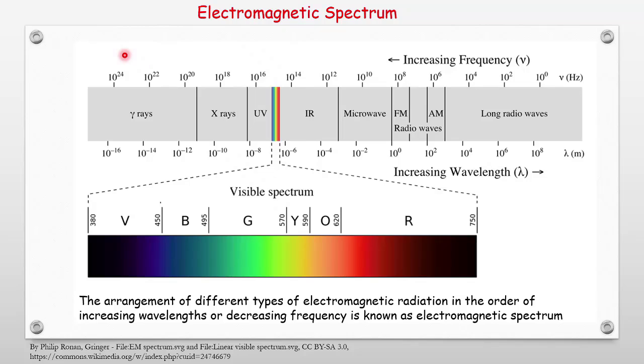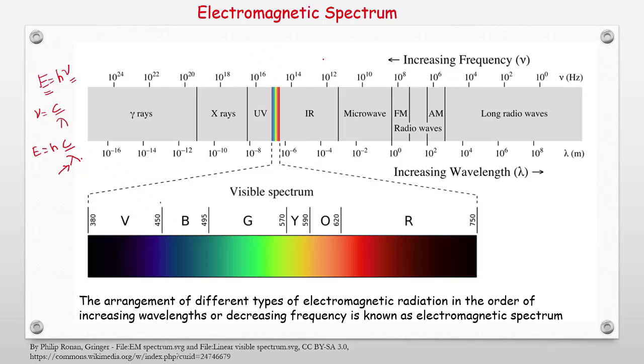As I said earlier, frequency is inversely proportional to wavelength. And the energy of these electromagnetic radiations is given by the expression E is equal to h nu. So as frequency increases, energy also increases. Since nu is equal to c by lambda, E is equal to h c by lambda. So as lambda increases, energy decreases.